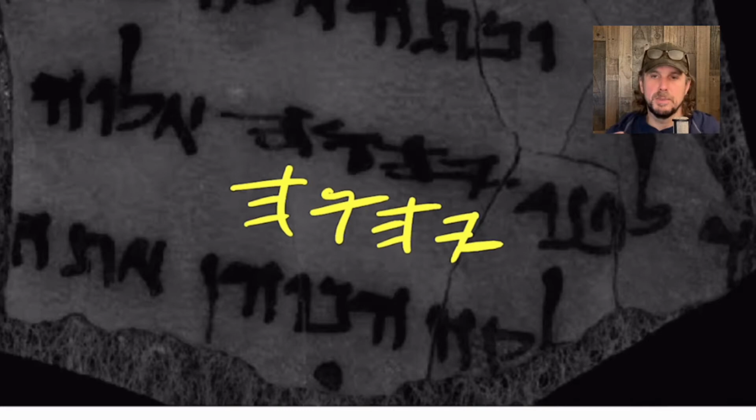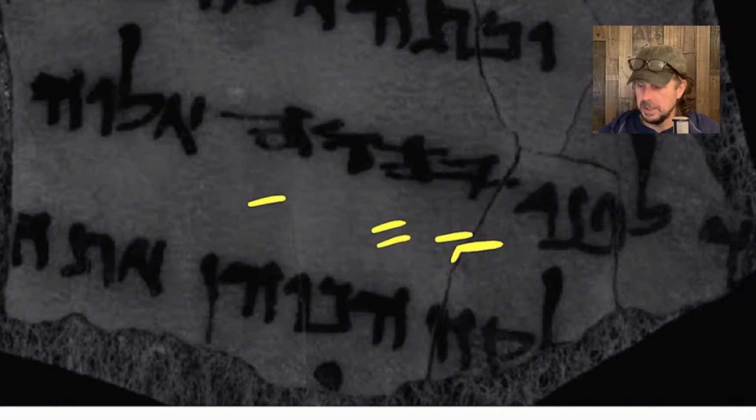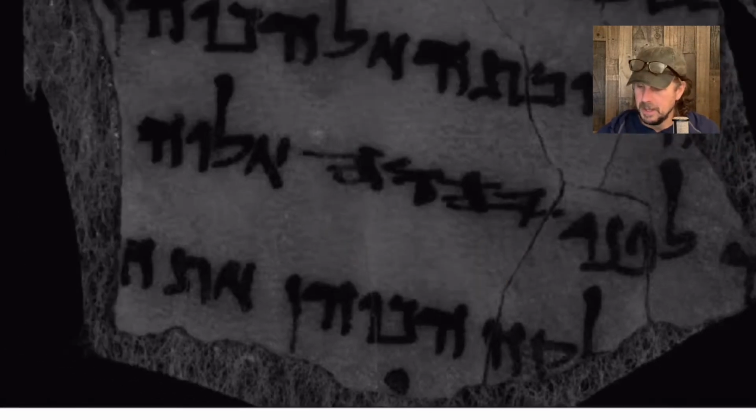My guess, just by looking at the way the scribe wrote the Tetragrammaton in paleo-Hebrew, is that he's not trained in paleo-Hebrew as a script. Rather, he just knows these few letters, and so it's symbolic for him. It's not that he actually knows the paleo-Hebrew alphabet, but we'll get to that.